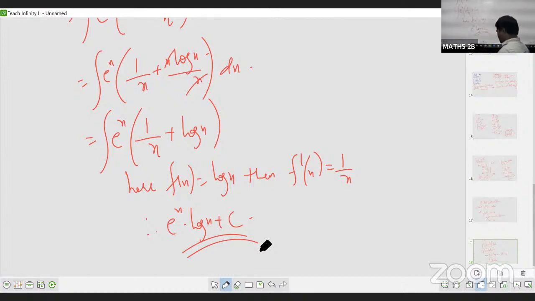Okay, that's all for today. Again I am telling you, these are your 2 marks, very important 2 marks of definite integrals, indefinite integrals. Already 2 marks of differential equation is done.